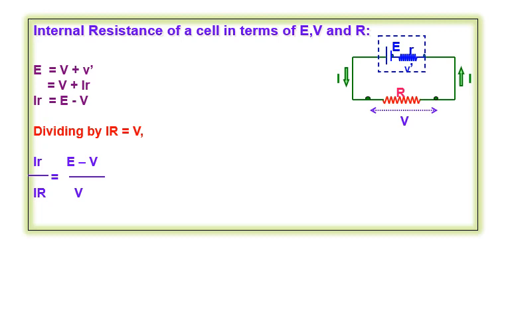Only difference is that in that slide, instead of V dash, it was simply V. From here, I into small r will be equal to E minus V, and on the right side divide by capital V, and on the left side put the value of capital V equal to IR. You got the required relation: small r is equal to (E by V minus 1) into capital R.